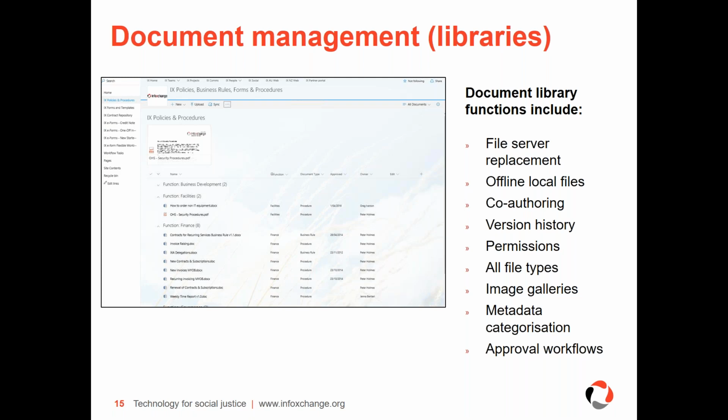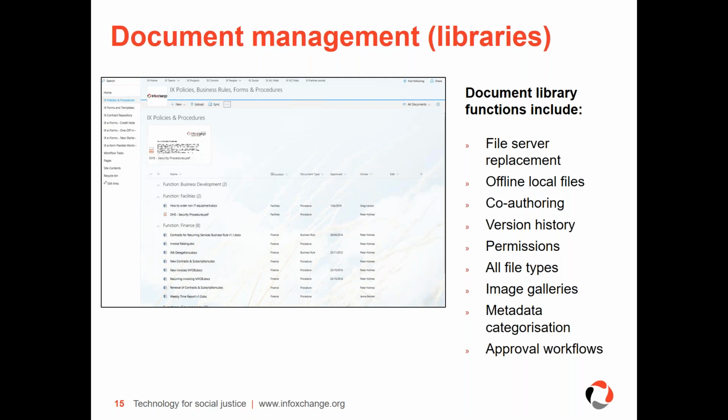So you can have many document libraries on your SharePoint with different permissions for each of those document libraries, from everyone has full access to this is restricted to these two people and these two people only. Therefore, you're able to now replace your file server because you're storing your documents in SharePoint.